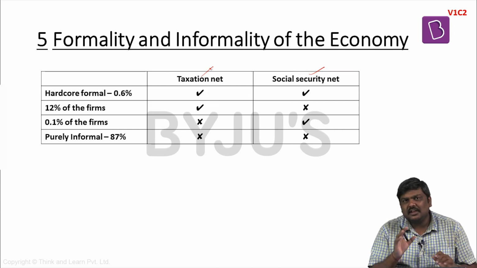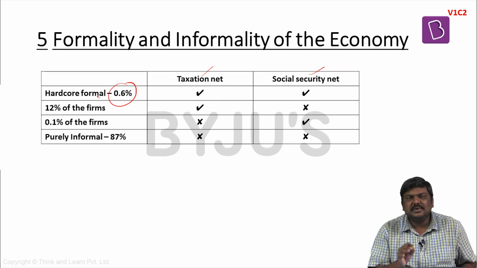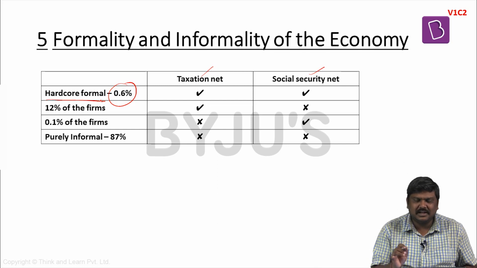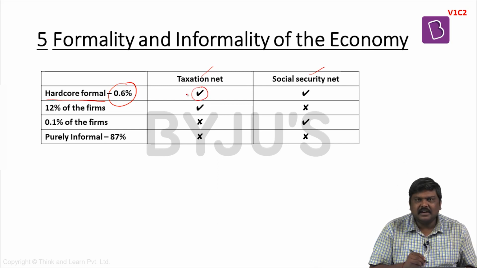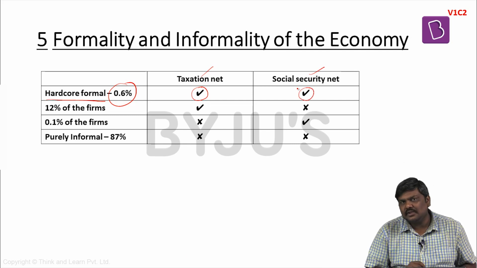Based on the analysis, the economic survey concludes that in case of the Indian economy, only 0.6% of the total firms are hardcore formal companies, that is these are covered under the taxation bracket as well as providing the social security net.